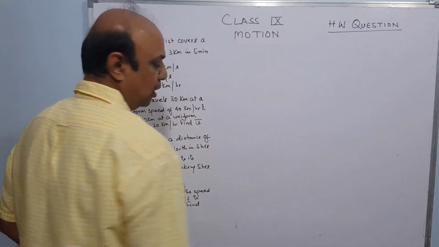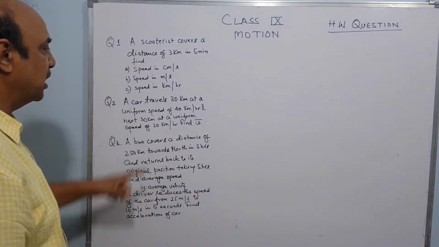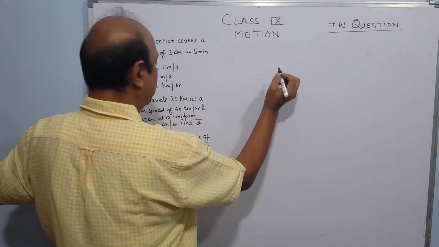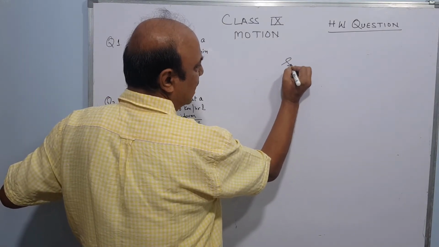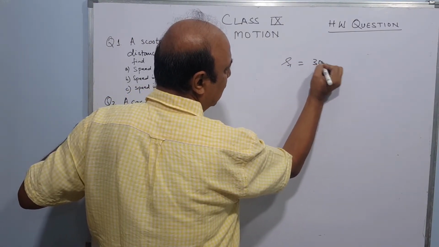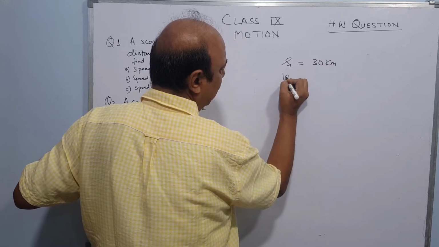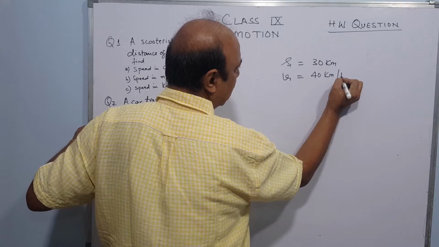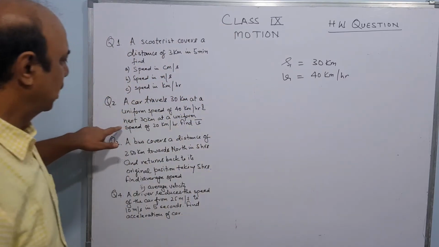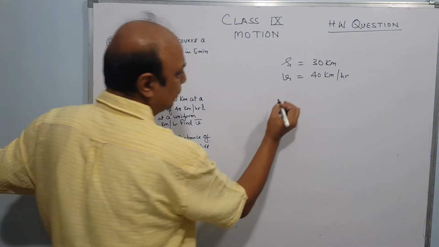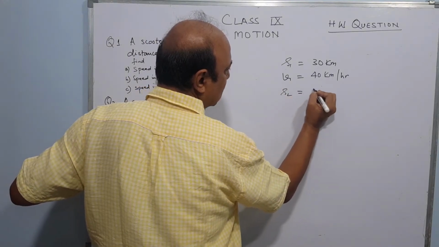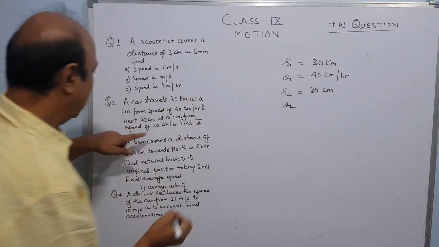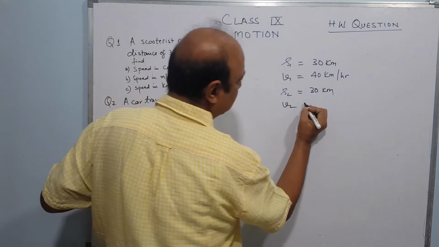A car travels 30 kilometers at a uniform speed of 40 kilometers per hour. S1 is equal to 30 kilometer, V1 is equal to 40 kilometer per hour. Next 30 kilometer, S2 is equal to 30 kilometer, V2 at 20 kilometers per hour.